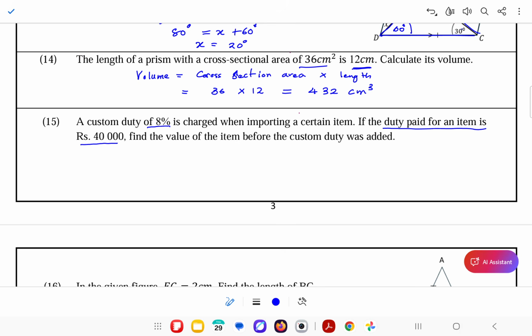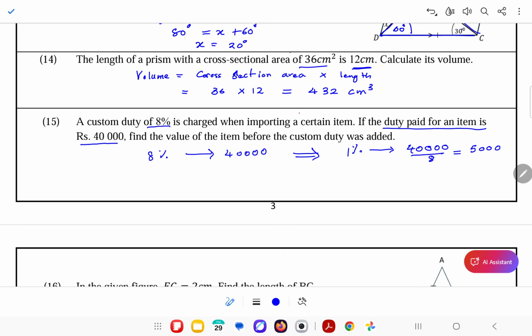That is 8% of the value of the item. So 8% of the item is equal to what? 40,000. So that means what? 1% of the item is equal to what? 40,000 over 8, which is 5,000. So 1% of the item is valued at 5,000.